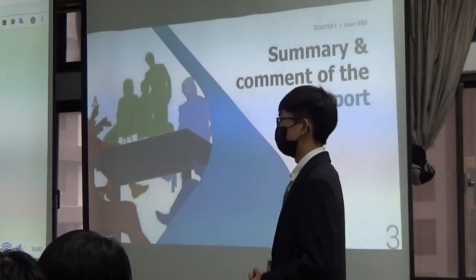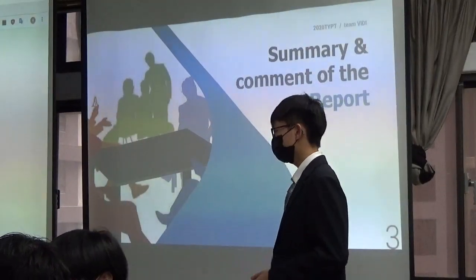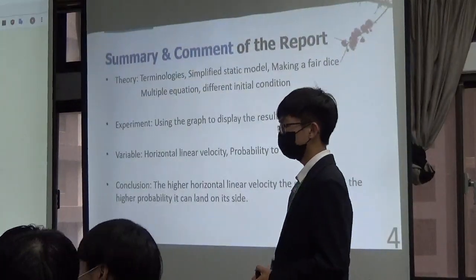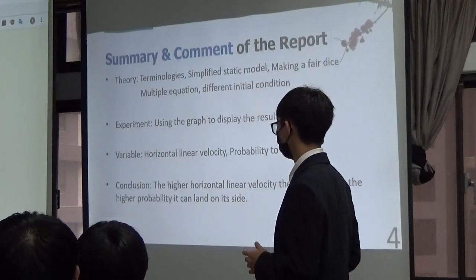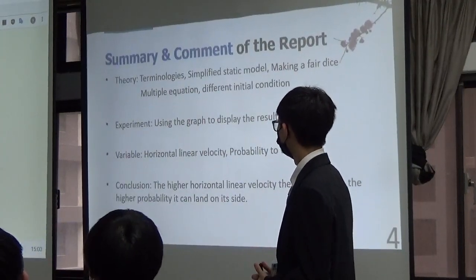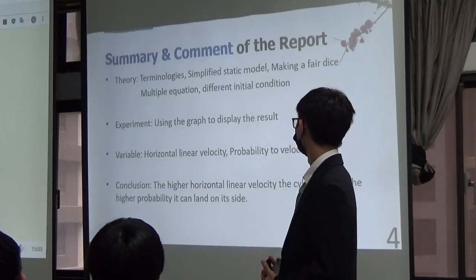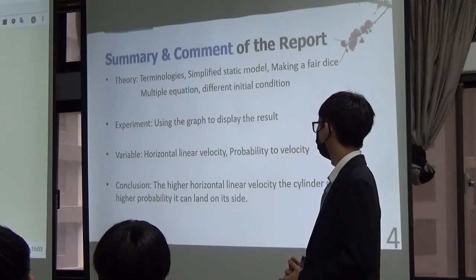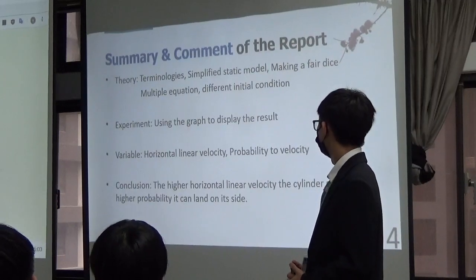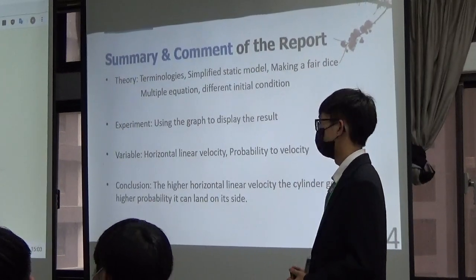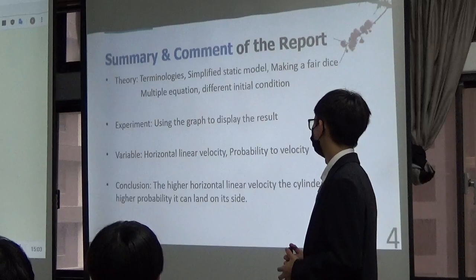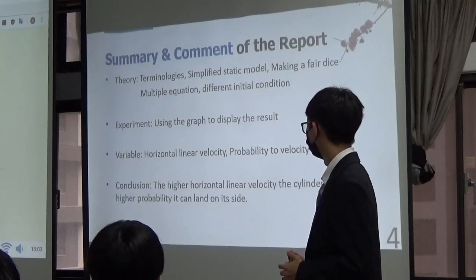And here's my summary and comments for the report. Let's first start with the theory, which included terminologies, a simplified static model, making a fair dice, multiple equations, and different initial conditions. Then he did some experiments, using a graph to display the result.